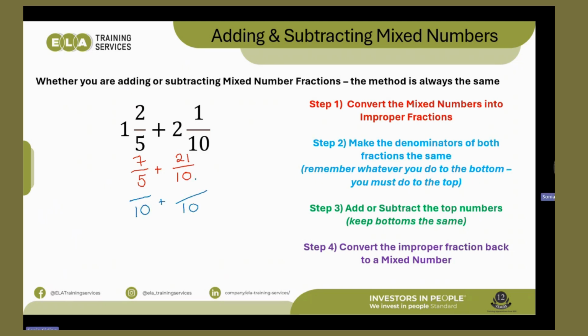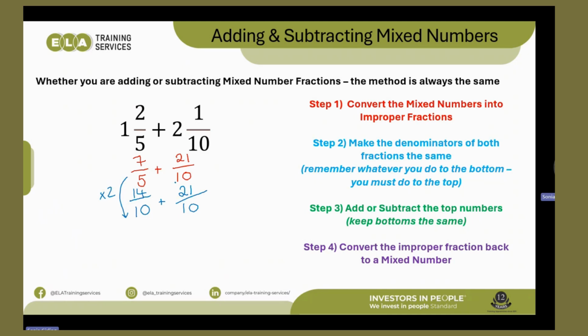We can keep this one because it's already in tenths, so 21 over 10. To get our 5 to 10, we times by 2. And remember, whatever we do to the bottom, we do to the top. Because we times the 5 by 2 to make 10, we do the same to the 7. So 7 times 2 is 14.